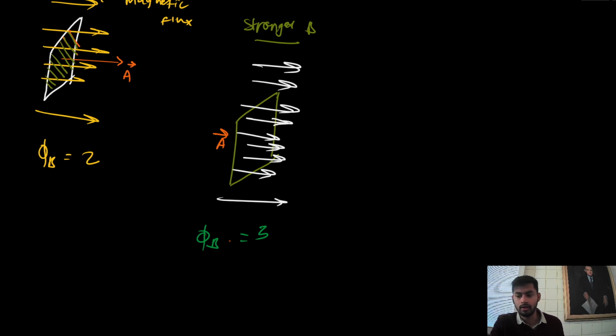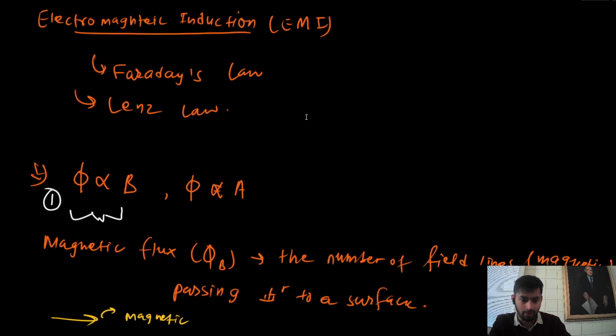That is, we will have more magnetic field lines passing through the surface. So that is one way to increase magnetic flux.